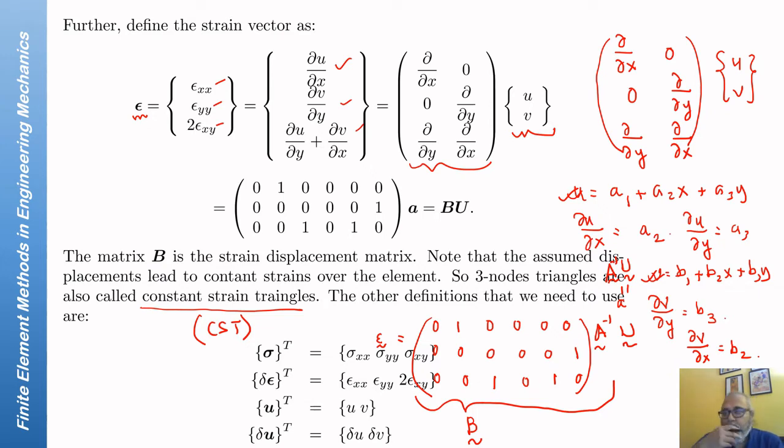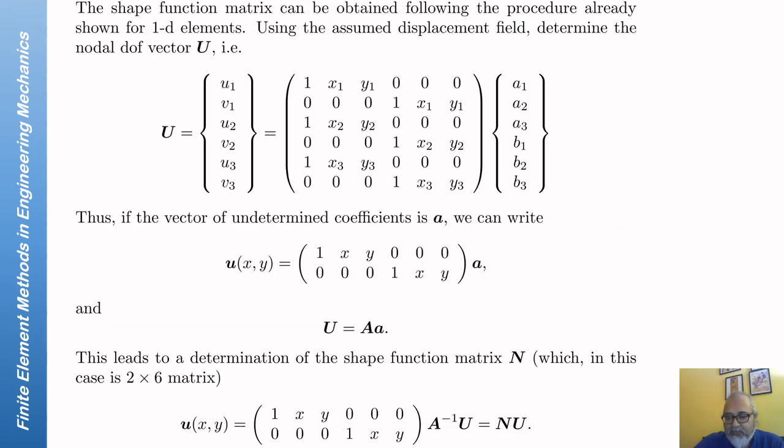Okay, so it's called the CST. And now we have both the ingredients that we need to formulate the stiffness of this element. So we have the N matrix, and we have the B matrix.